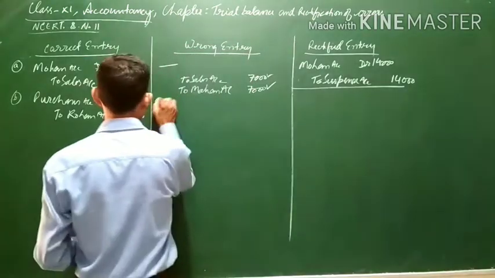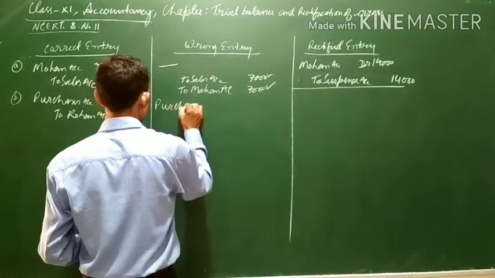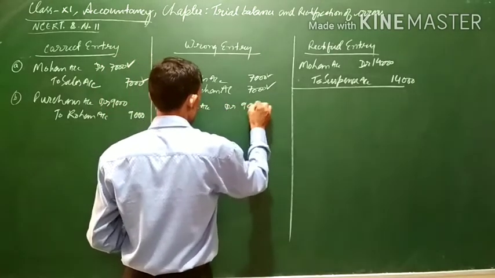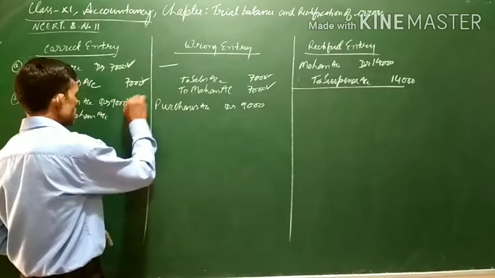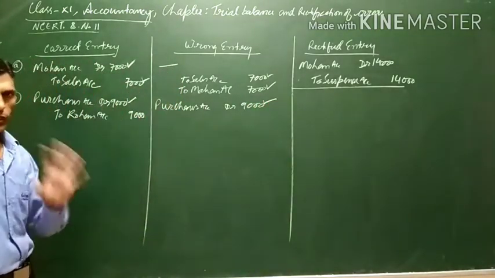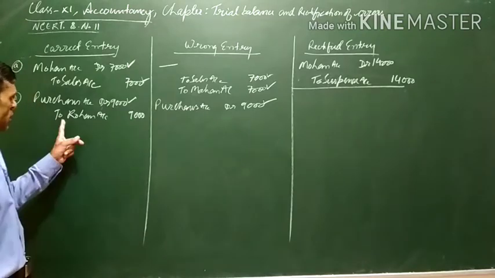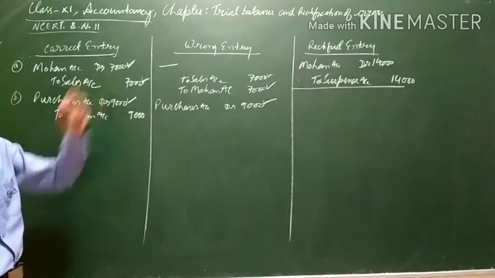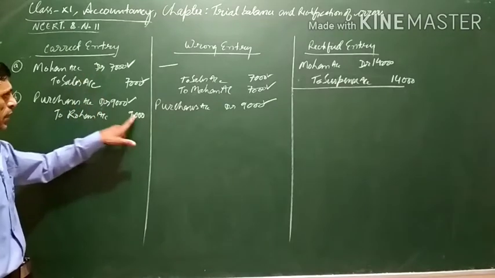So the wrong entry: purchases account debit 9,000. There is nothing wrong in the purchases, means purchases account was correctly recorded. But the posting to Rohan's account should have been on the credit side as 9,000.